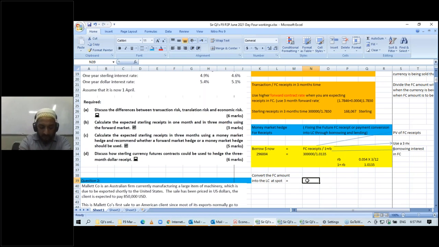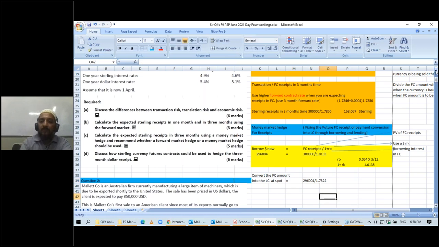Keep that in mind. So here, 296,004, the amount at which we arrived in the first block, is divided by the spot rate, which is the higher rate. Do not use the forward rate. Remember, use the spot rate. We are not using the forward contract anymore. It was in the previous part that we were using the forward contract. So divide it by 1.7822.